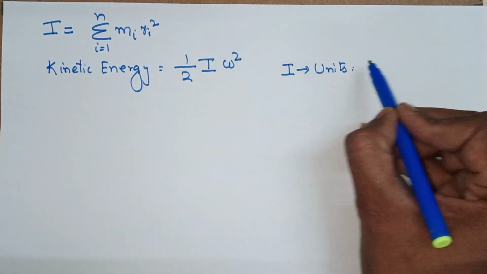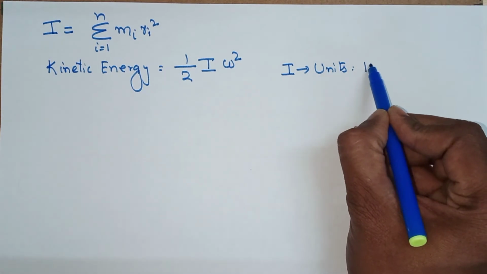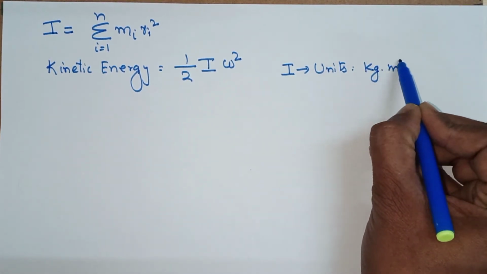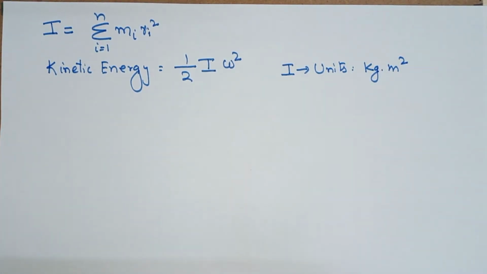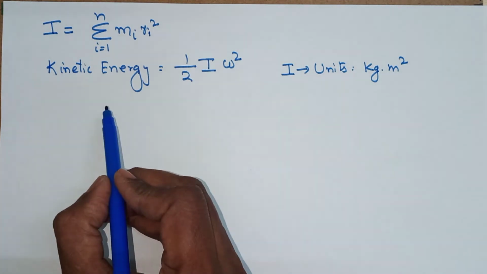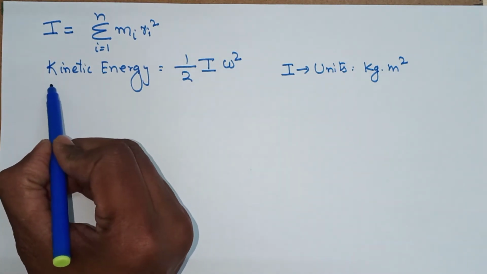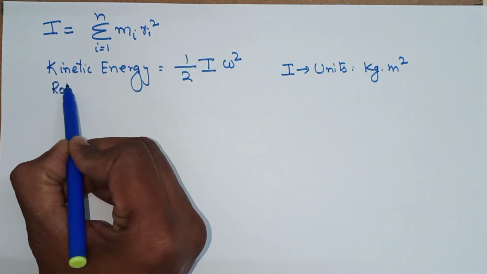I means m r square, so kg meter square is the unit of the moment of inertia. So this you write as the rotational kinetic energy.